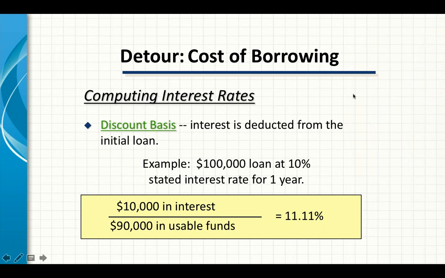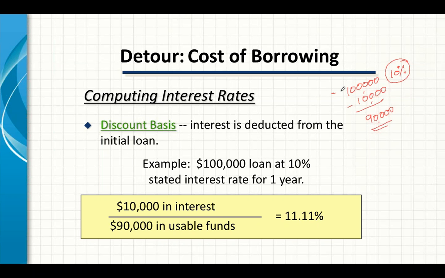The financial institution grants you a loan of 100,000 at the rate of 10%, but there is a clause that the loan is a discounted loan. What does it mean? The amount of interest is deducted upfront. Upfront means at the time of disbursal of the loan itself. So you will utilize in your business only 90,000.